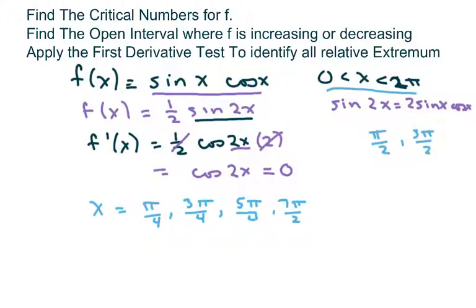So to plug it in here and get that 0, we're dividing these by 2. And then you have to get all the intervals all the way to 2 pi. So that's why we have 4 critical numbers here.